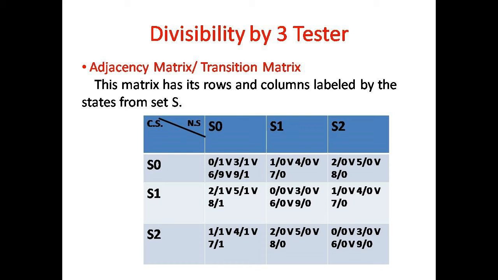The next state is H0 and S1 and S2. It shows the transitions H0 to H0, H0 to S1, H0 to S2, the same as S1 to H0 transition, S1 to S1, S1 to S2, S2 to H0, S2 to S1, and S2 to S2 transition.